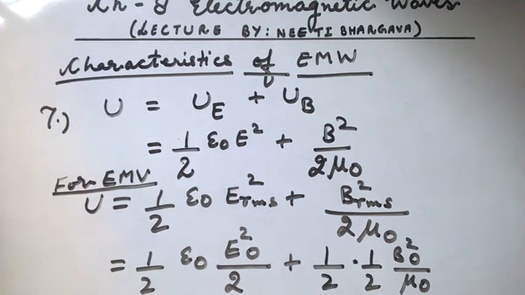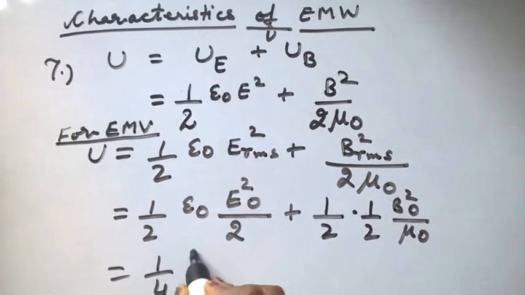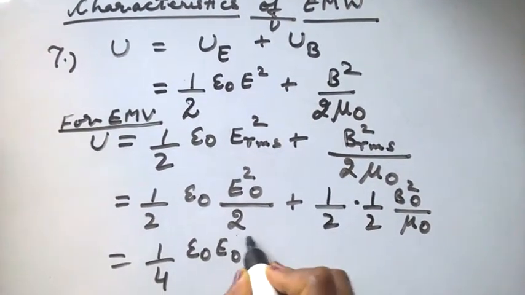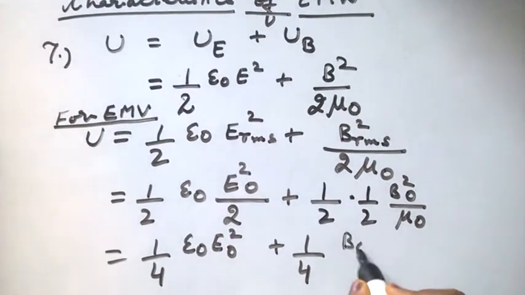Or we get 1 by 4 epsilon naught E naught square plus 1 by 4 B naught square by mu naught.